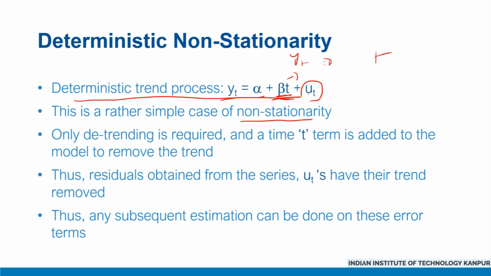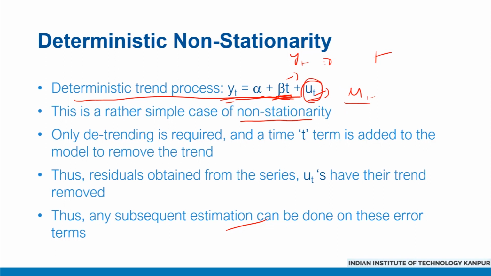The residuals mu t will not have a time trend, so all subsequent modeling and estimation, for example testing for white noise character, can be done on mu t.